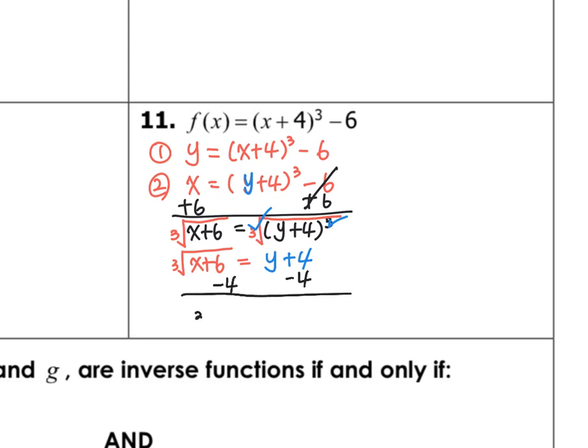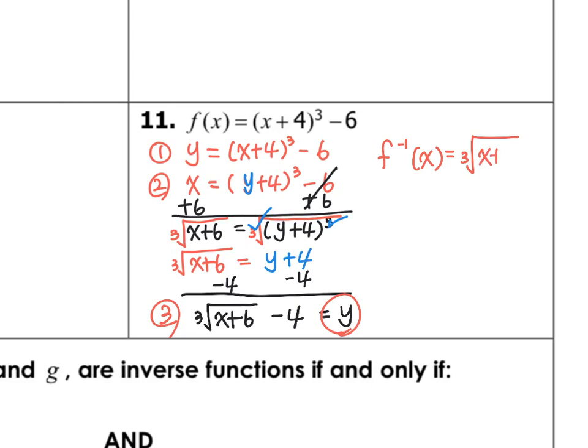This will give the cube root of (x plus 6) minus 4 equals y. So I solved for y. Now last step, instead of y, I will use the inverse notation. f inverse of x is equal to the cube root of (x plus 6) minus 4. So that should be my answer for the inverse of a function.